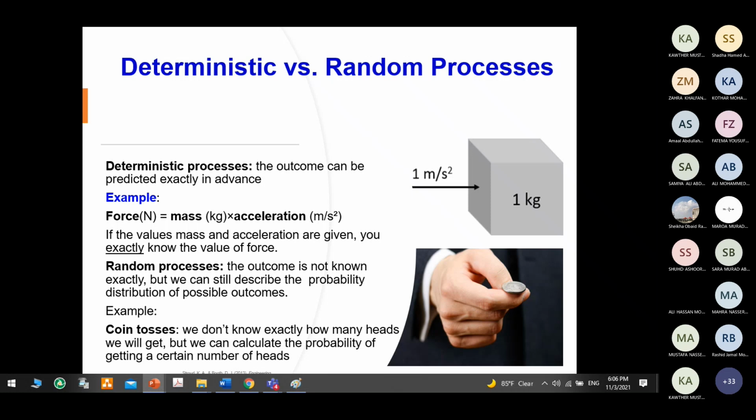Now this is not my talk here in probability. In probability, I will talk about random processes. In a random process, we are not sure. Maybe and maybe not. It's not an exact solution. For example, if I have a 50 paise coin and I toss it by my hand in this way, my output will be either head or tail, 50% head, 50% tail.